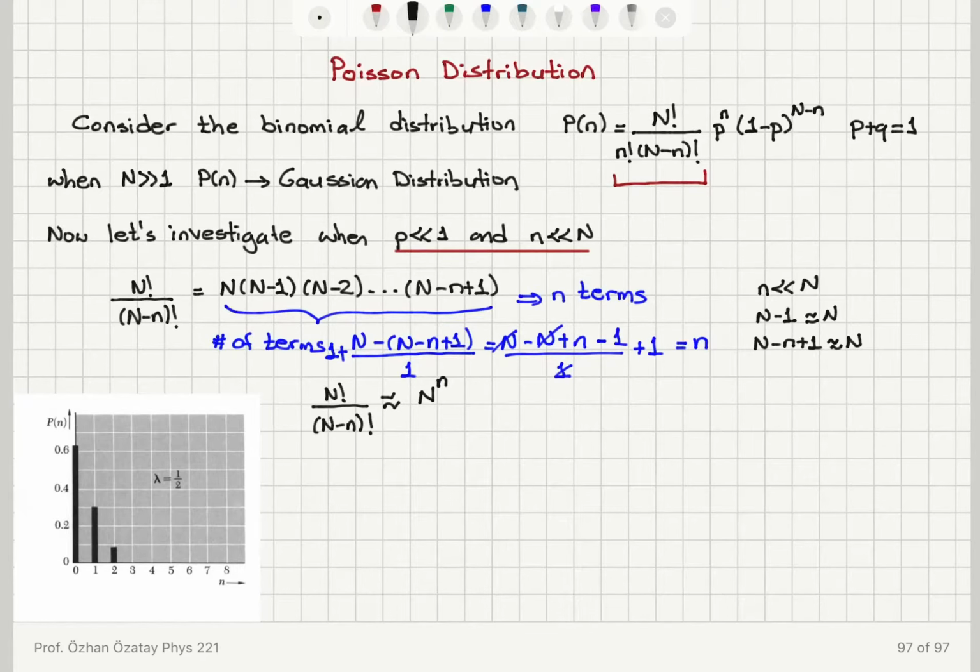So capital N to the power n for n much less than capital N.